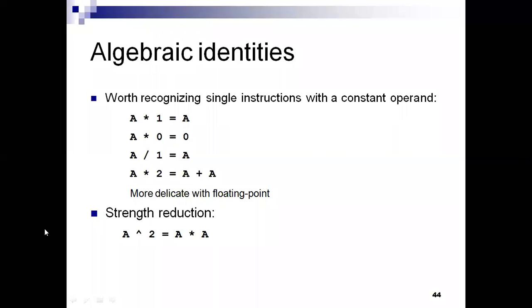Here we have some identities worth recognizing, single instructions with constant operands. Identity rules mean the value should not be changed: a into 1 is equal to a, a into 0 is equal to 0, a by 1 is equal to a, a into 2 is equal to a plus a. These are some of the worth recognizing single instructions with constant operands.